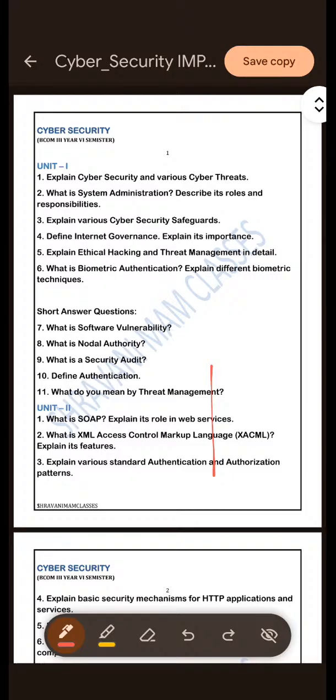Coming to biometrics, you all know what biometrics is. Biometric authentication: explain different biometric techniques. This is a very important question from the first unit. What is biometric authentication? You can write it very easily. It uses unique physical characteristics like fingerprint, face or iris to verify identity.